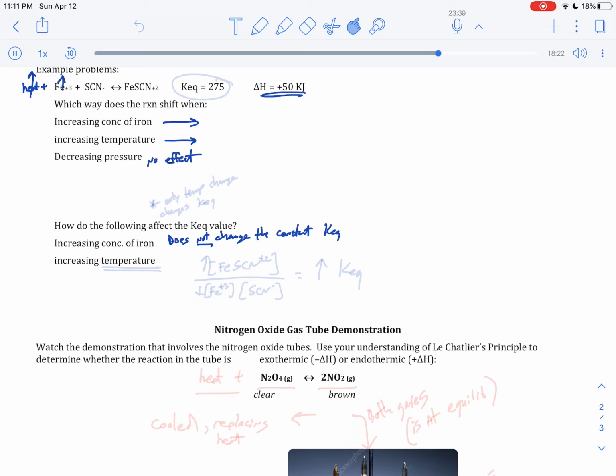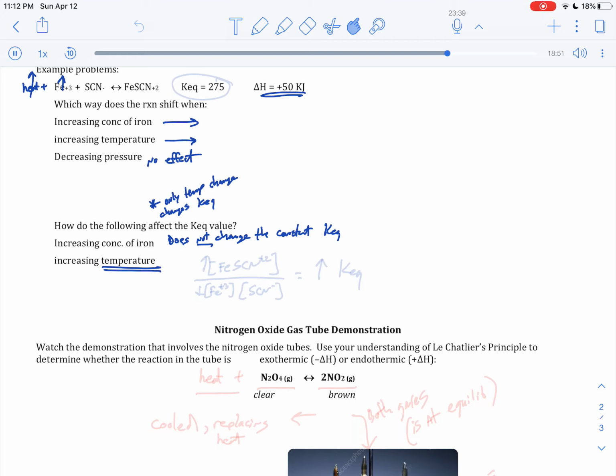In fact, the only thing that will change the equilibrium constant value is a change in temperature. I should put a little asterisk here: only temperature change changes KEQ.